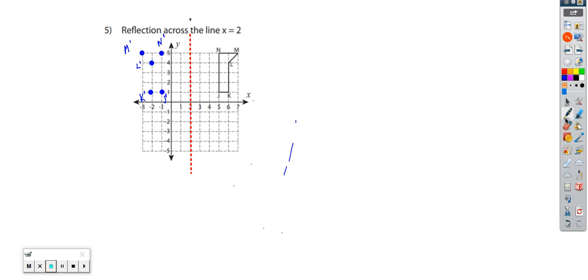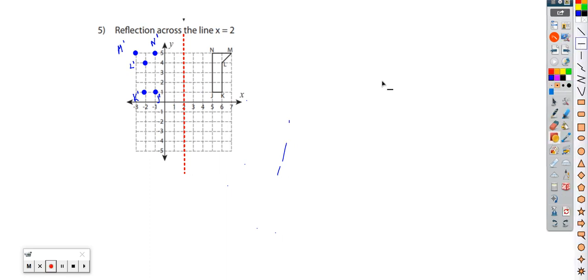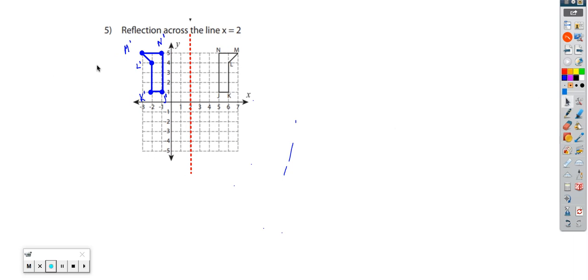Now I just need to get my lines. Okay, I've got these two and these two. And now from M to L, and N to J, and L to K. There's my reflected figure.